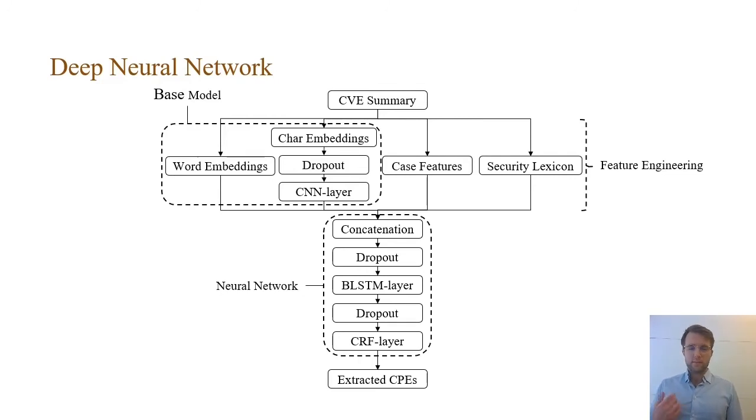It is a BLSTM layer based neural network, together with a conditional random field layer that takes conditional probabilities of the output predictions into account when performing the final predictions. The input to this neural network are 4 different features that we have engineered.